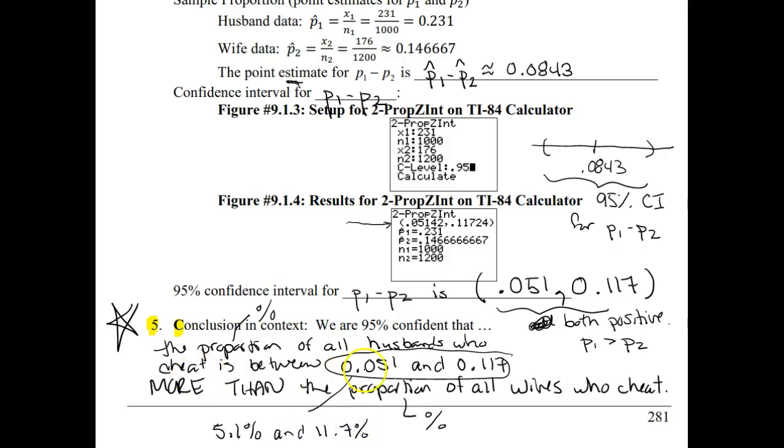These intervals take some time to get used to, but every time you interpret one of these, think about the example of 10 minus 4 is 6, means 10 is 6 more than 4, and 4 minus 10 is negative 6, means 4 is 6 less than 10. Here we're taking a difference, and it's positive. That means P1 is bigger than P2 by an amount in this interval.